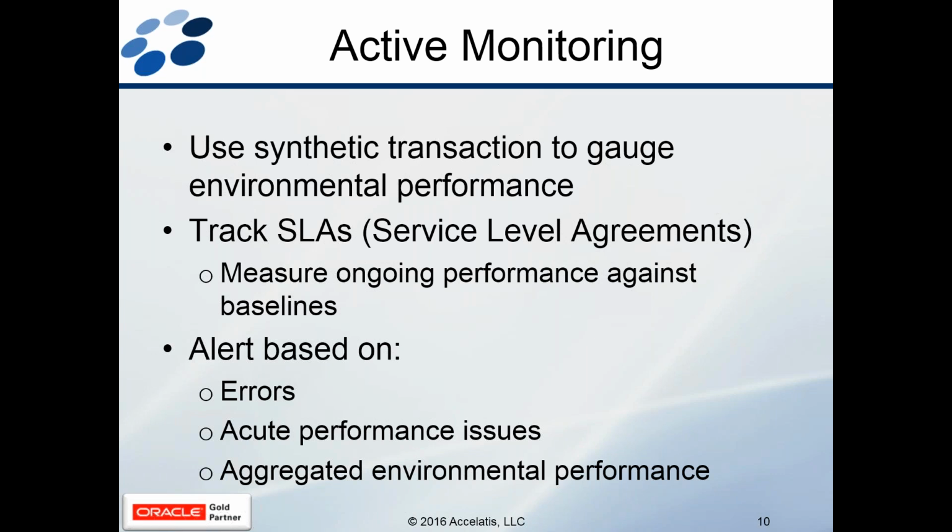And the last part of this, of course, is alerts. So whether it's an error where you go out and try to pull something down and it doesn't come down, you can certainly get an alert based on that. Performance issues, a lot of people, again, X amount of time, if your form didn't show up within 30 seconds, maybe you want to get an alert popped out to have somebody take a look to see what might be going on there. Or aggregated environmental performance, right?